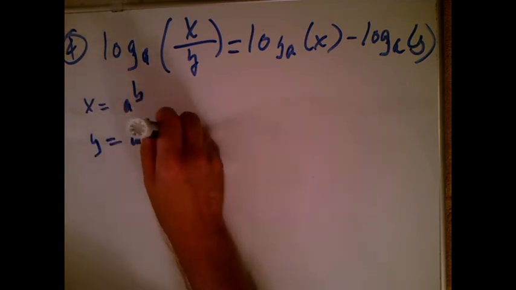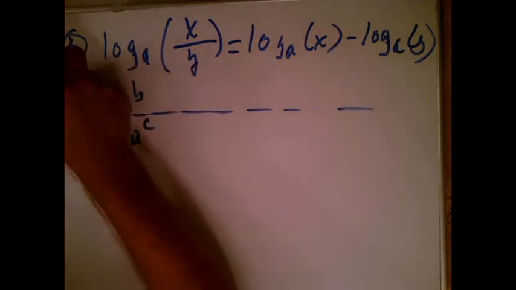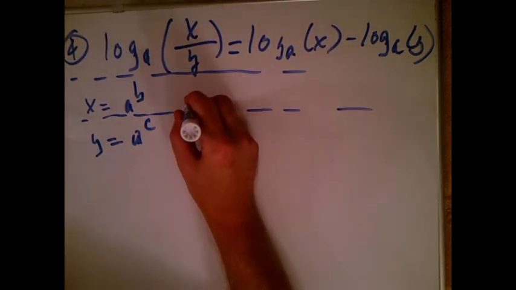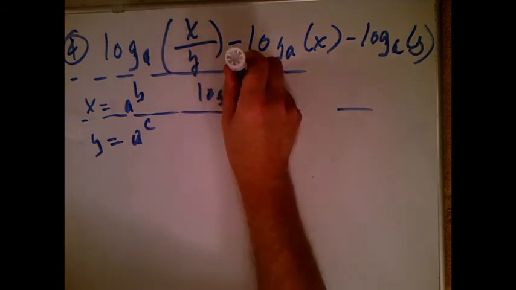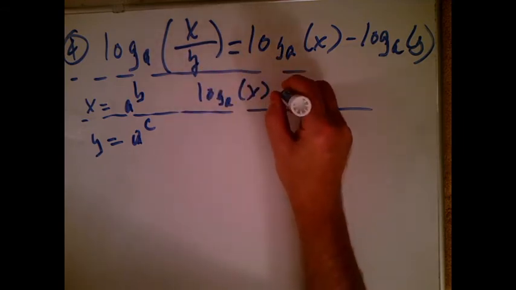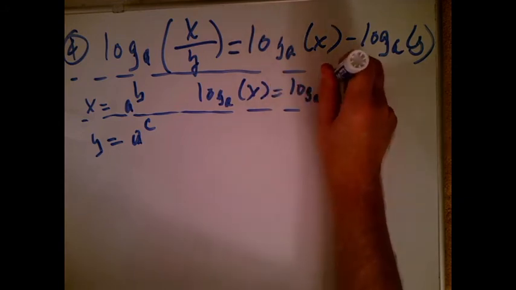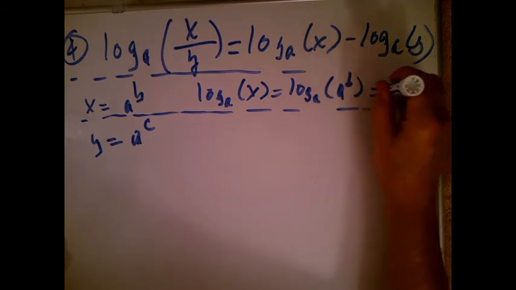Let's say c. Now, just a reminder here: this tells us that if I want to take the log base a of x, that's going to be the log base a of a to the b, and that's just b.